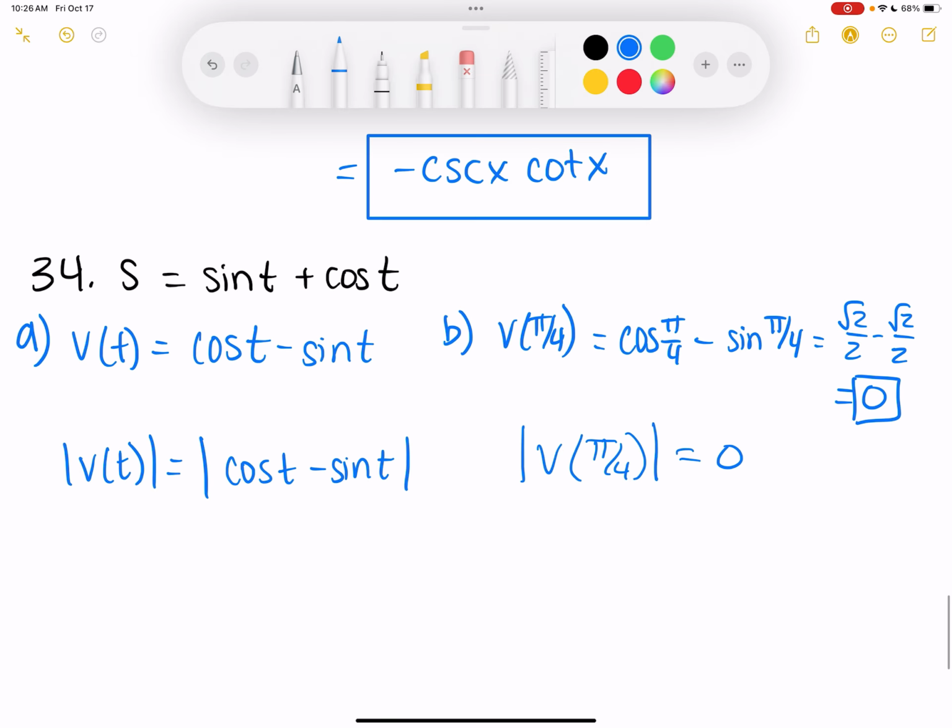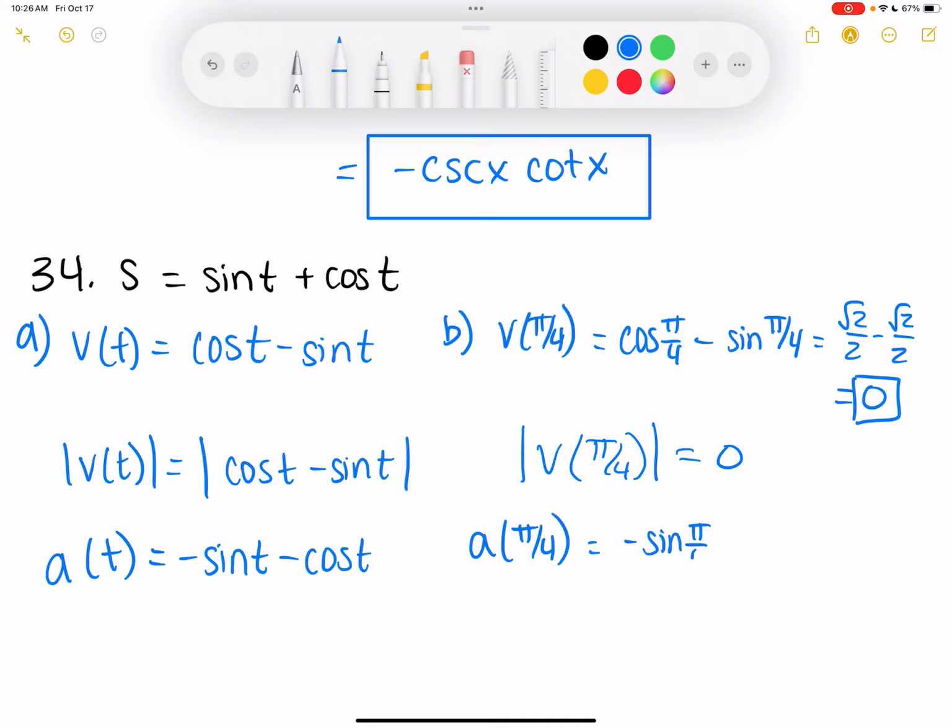Then the equation for acceleration would be what? Negative sine t minus cosine t. Yep. So then acceleration at pi over 4, negative sine of pi over 4 minus the cosine of pi over 4. So negative root 2 over 2 minus root 2 over 2. That ends up being negative 2 root 2 over 2, so that's just negative root 2.